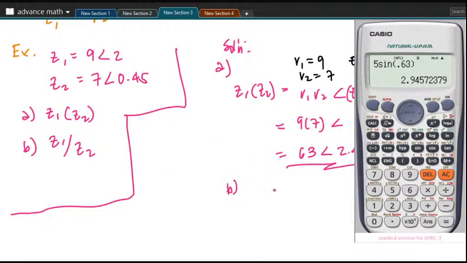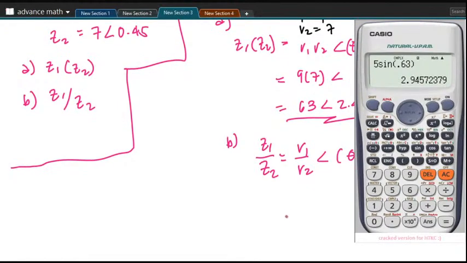So for part B, we have z1 over z2. This is equal to r1 over r2 angle theta 1 minus theta 2.